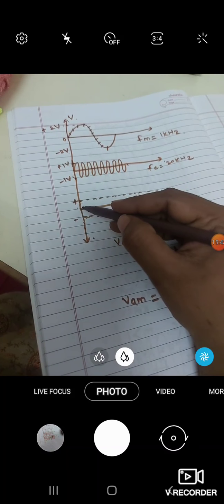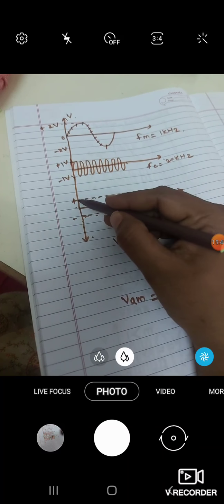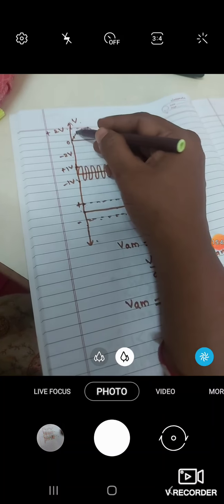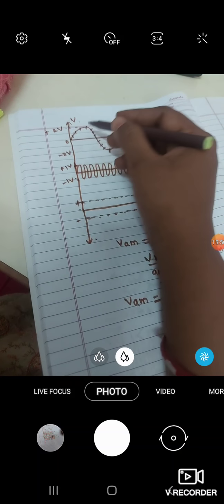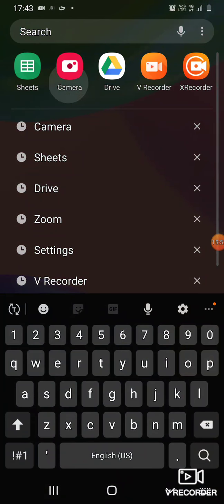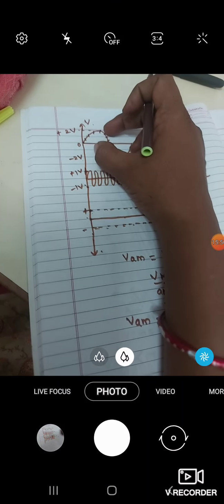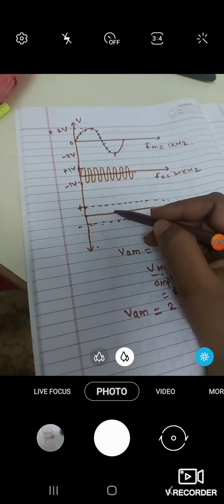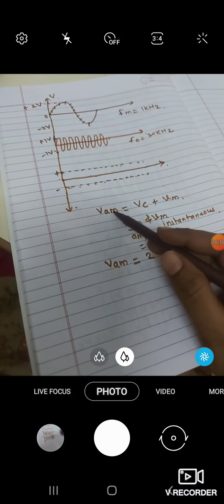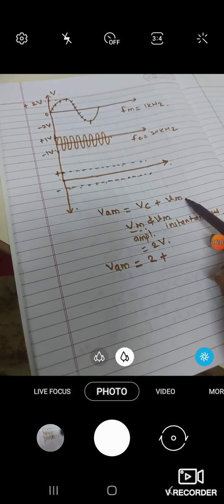After that, whatever these respective voltages are, they will get added with each other. That is, in amplitude modulation, this amplitude and this amplitude are added with each other. That's why it is written VAM is equal to Vc plus Vm.